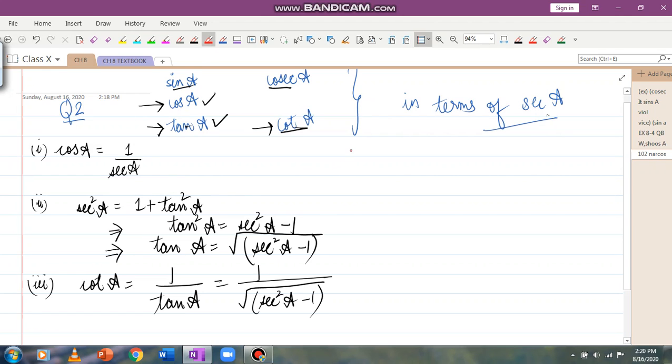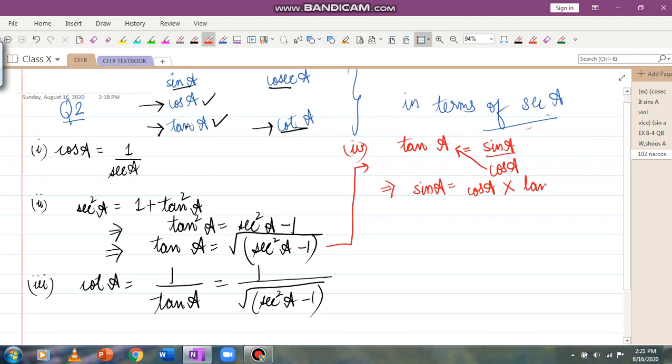Just observe here. I will be writing down tan A as sine A over cos A. So this is something I know. Tan A is the ratio of sine and cos. From here, I know that sine A can be written as the product of cos and tan. And I have the value of cos and tan. This is the first part and this is the second part.